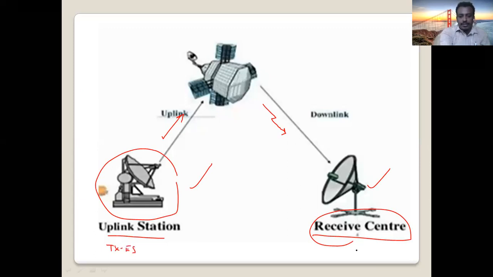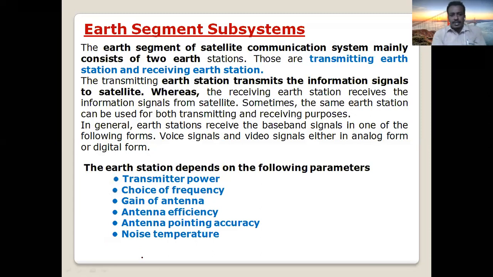This one is the receiving Earth station. These two, the transmitting and receiving Earth stations, we call the Earth segment subsystem.